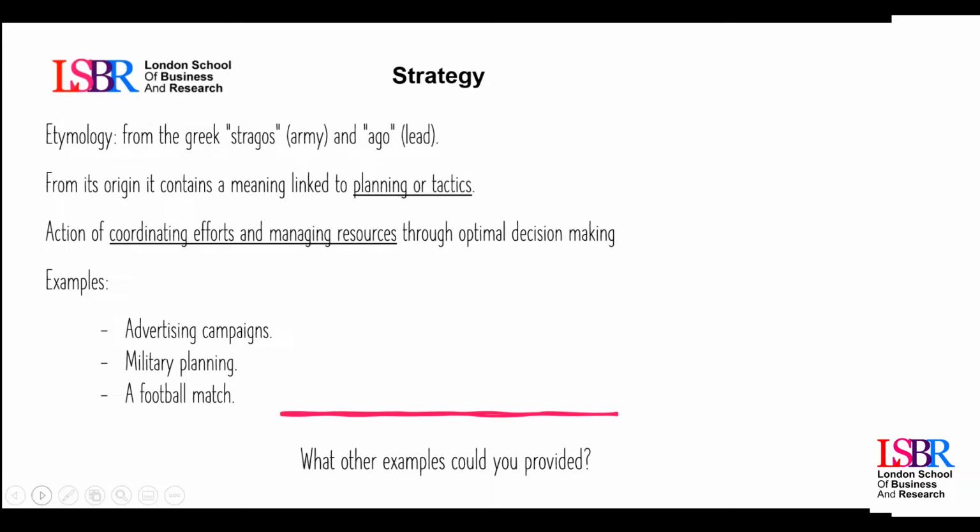For example, the leader of the football team needs to think what are the characteristics of my opponent, what are the strengths and the weaknesses of my team, if they have a very good team, or if they need to work more on the team. So a football match is another area in which we can see a strategy.